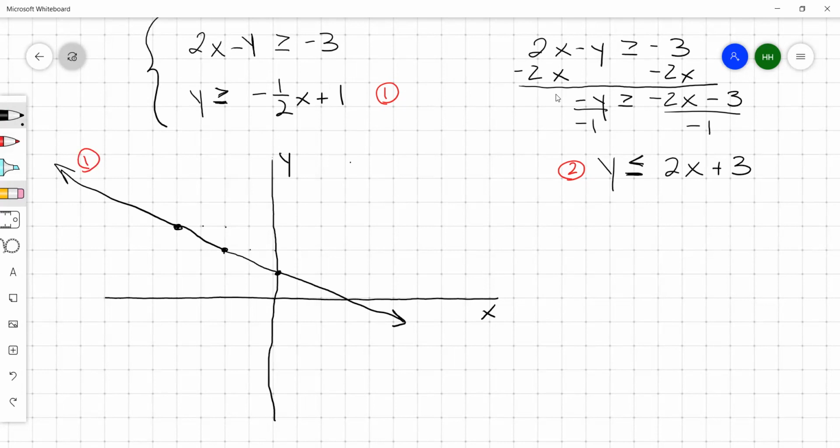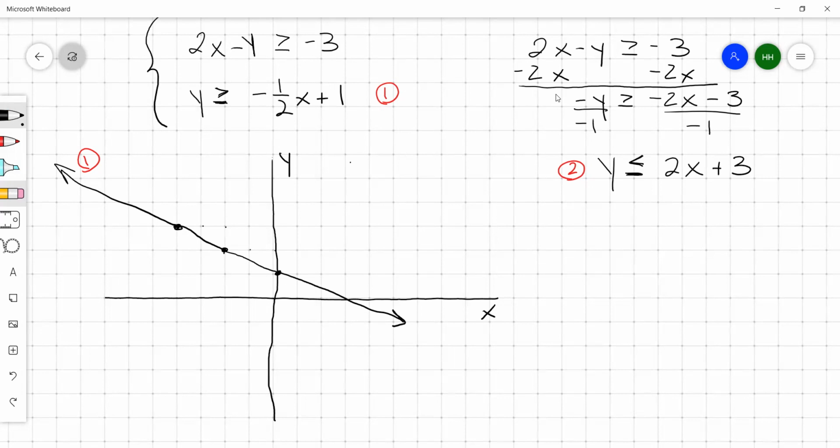Now we're going to graph line 2. Or before we graph line 2, let's look at this first line again. Line 1, this is y is greater than or equal to -1/2 x plus 1. Since this is greater than or equal to, we just said it's a solid line. Now, we have to shade one side of this line or the other side.